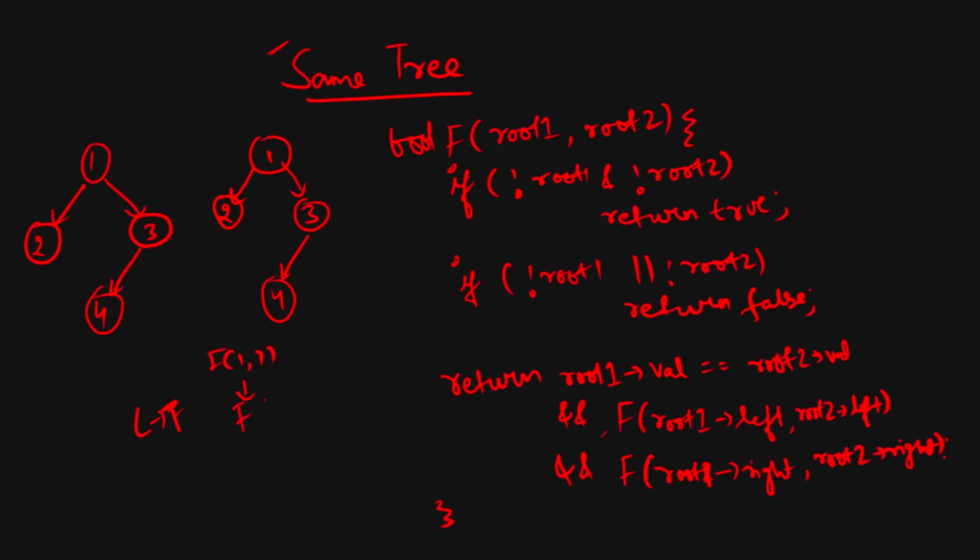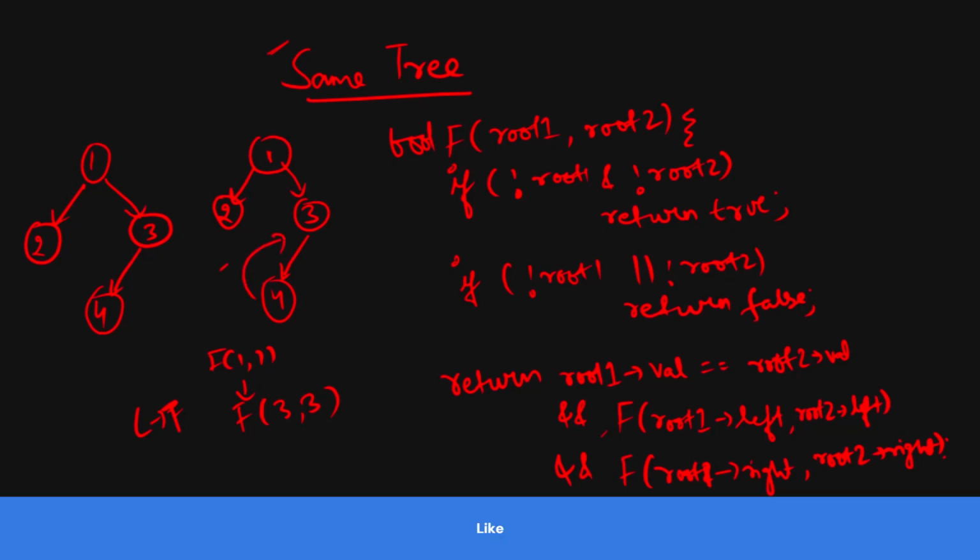So for right I will call 3, and 3 will check all conditions and check that 3 is equal, and it will call its left. So this 4 is also equal, then it will call its left. Its left is null, both of them are null, so they will return true. Right is also null for both of them, so they will also return true. So this 4 will return true.